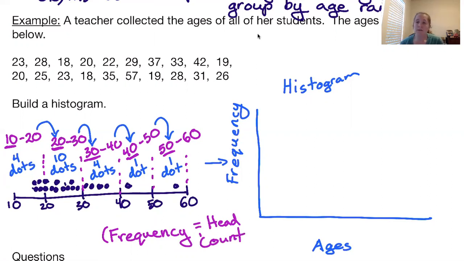Our ages, we were counting by tens, so we have 0 in the corner, then 10, 20, 30, 40, 50, 60. For our frequencies, the highest number of dots we had in any category was 10, so we know we have to go up to 10. Here's 5, 1, 2, 3, 4, 6, 7, 8, 9.